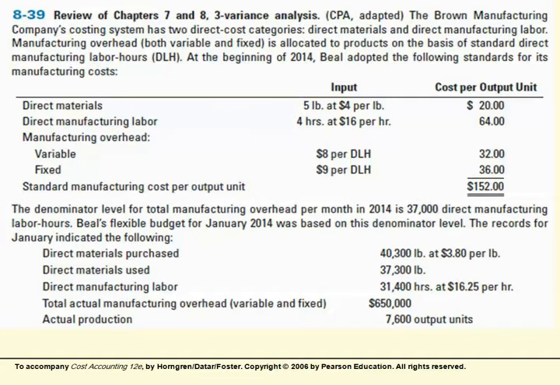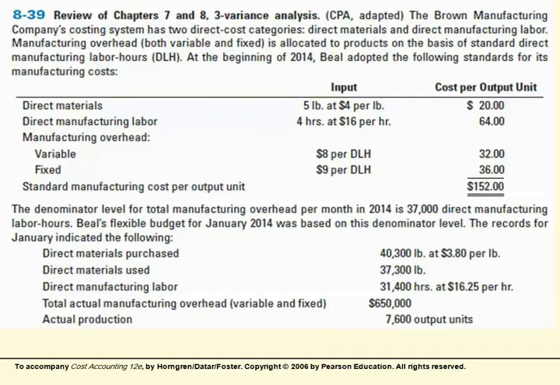The denominator level for total manufacturing overhead per month in 2014 is 37,000 direct manufacturing labor hours. The flexible budget for January 2014 was based on this denominator level. The records for January indicated the following. Direct materials purchased: 40,300 pounds at $3.8 per pound.